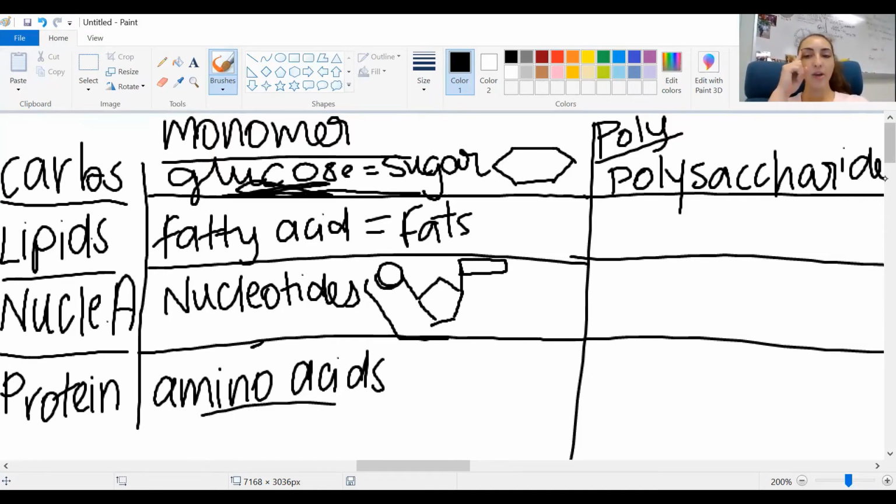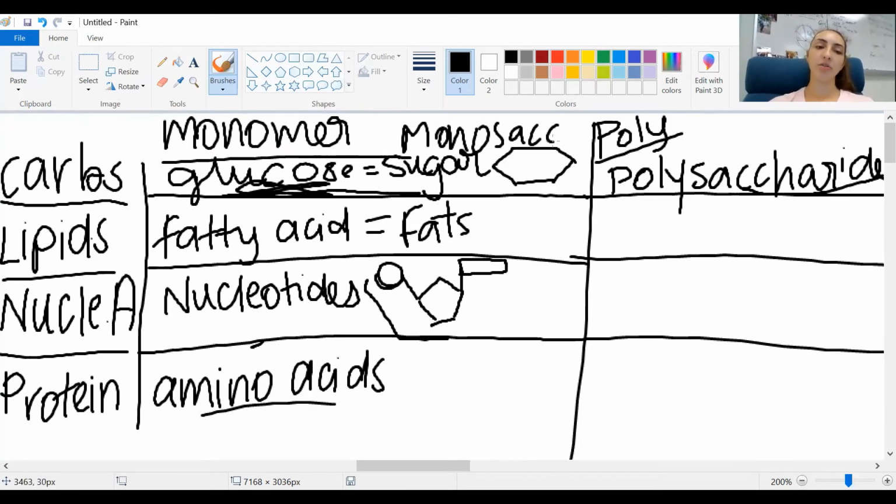If you already know that polysaccharide is a carbohydrate, poly means many, and saccharide is a glucose, you can deduce that monosaccharide is also the monomer of glucose. There are just different ways of saying it, okay?